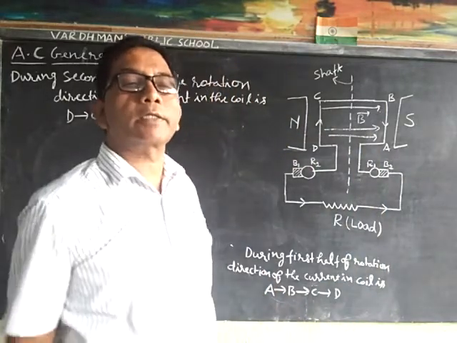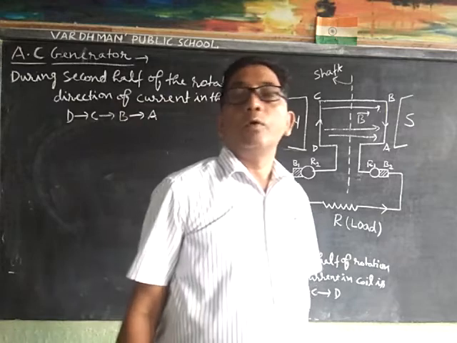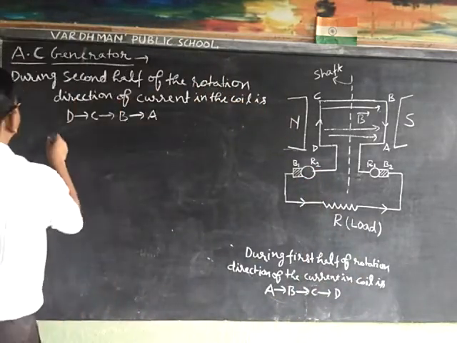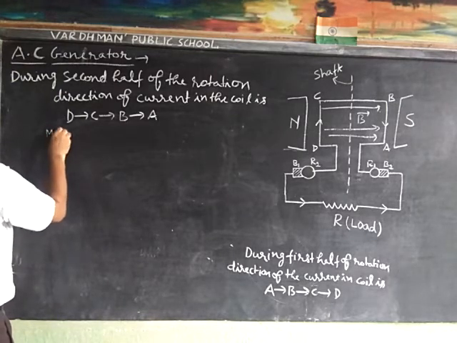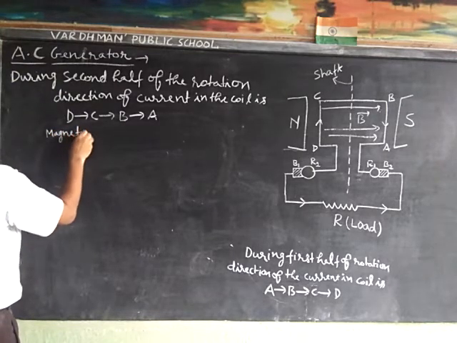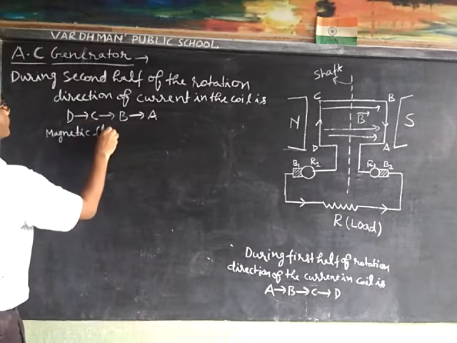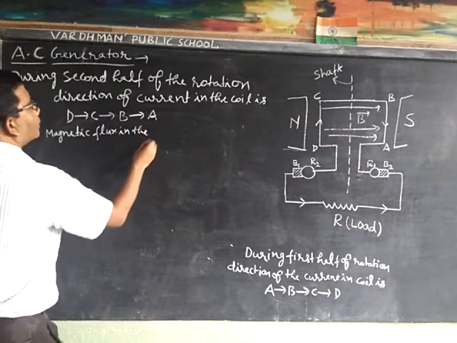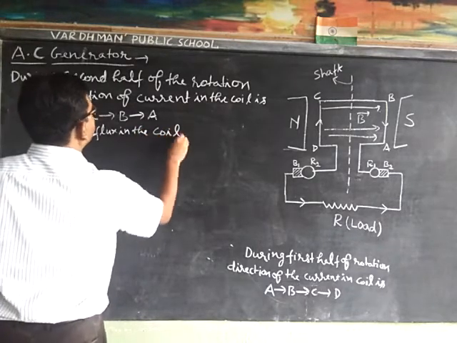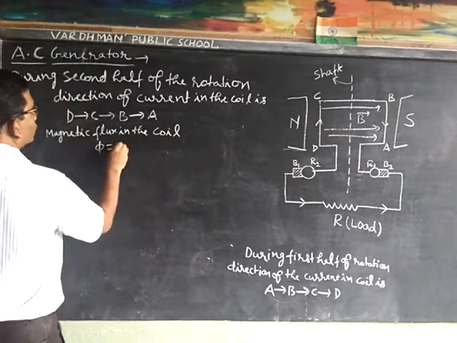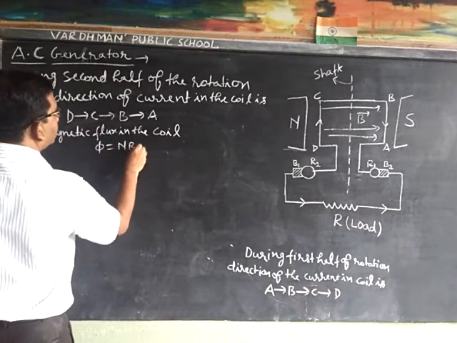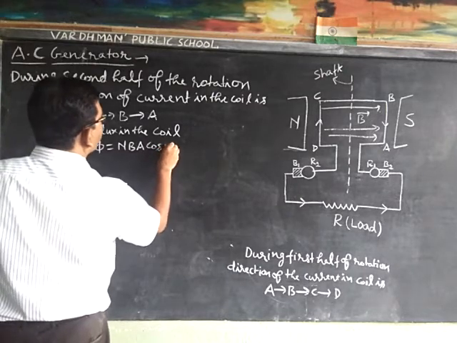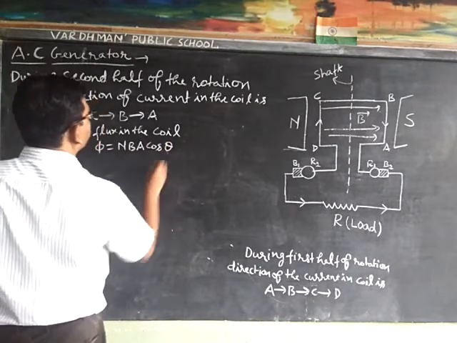Now, magnetic flux in the coil, phi, is equal to NBA cos theta.